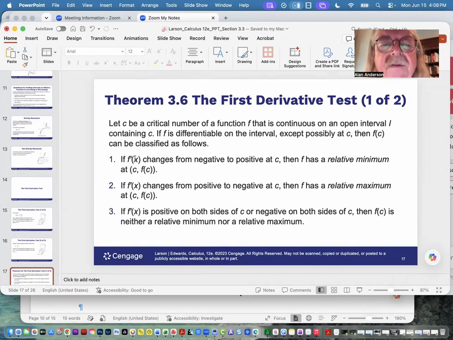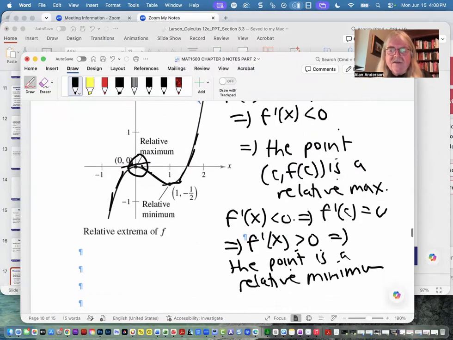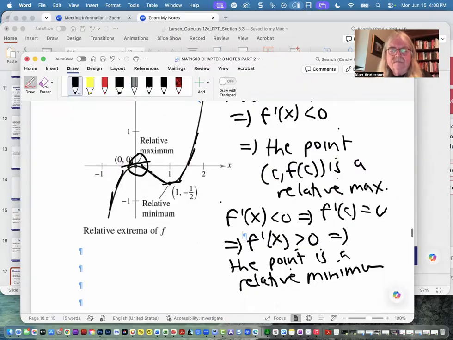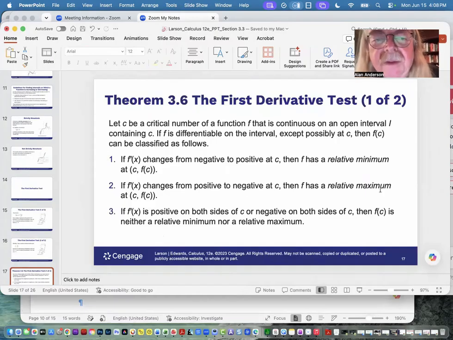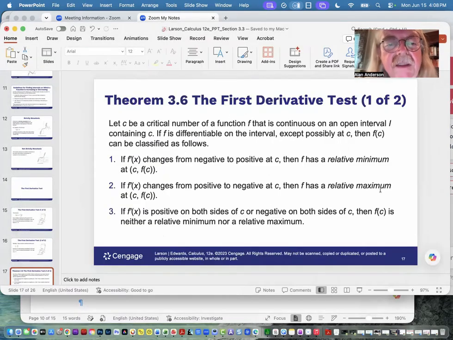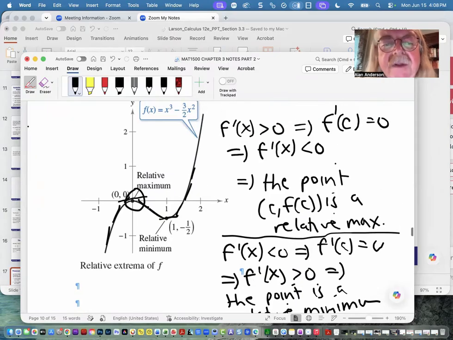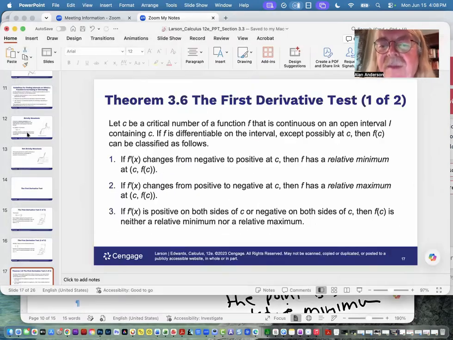If the derivative changes from negative to positive, okay, at point C, that's the second case I have here, then this is a minimum. Otherwise, if it goes from positive to negative, that must make it a relative maximum.